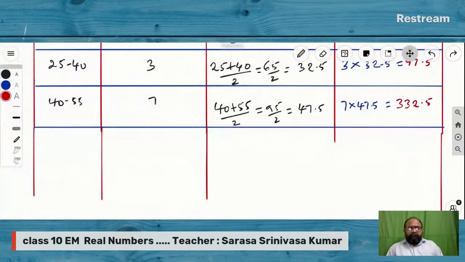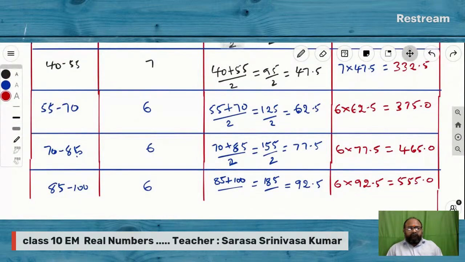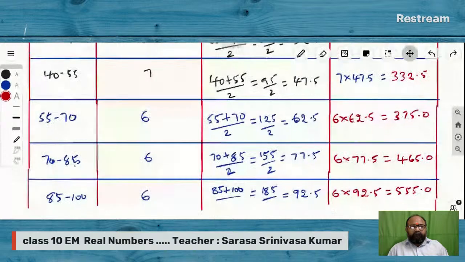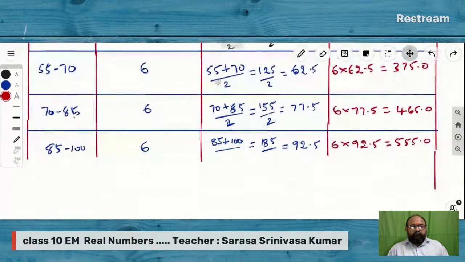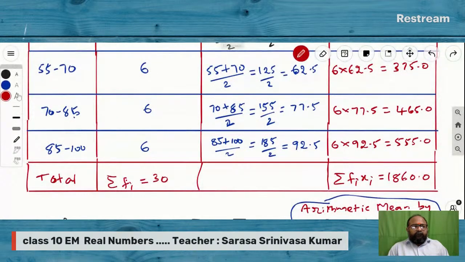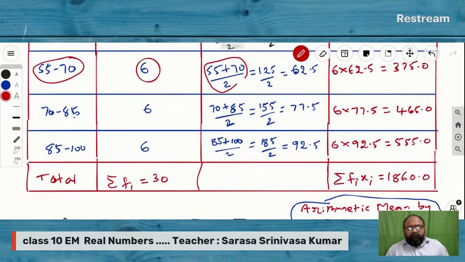We consider the next class interval. The next class interval is 55 to 70. Here six students are there. To find class marks, 55 plus 70 by 2, we get 62.5.